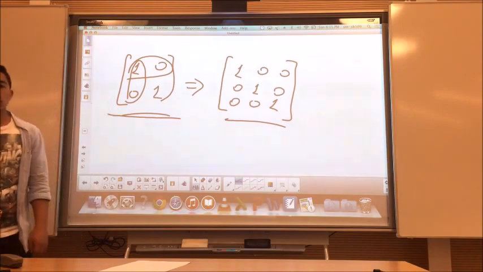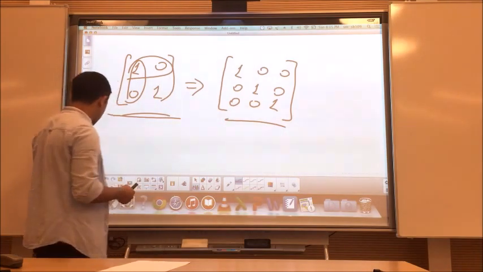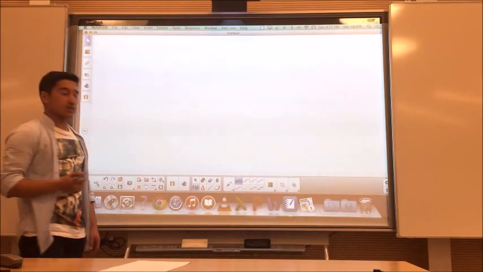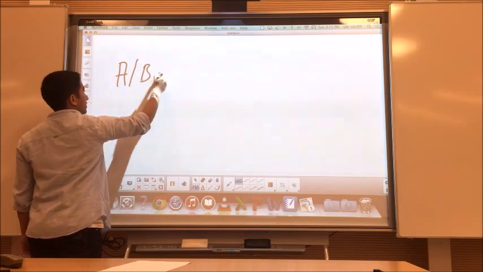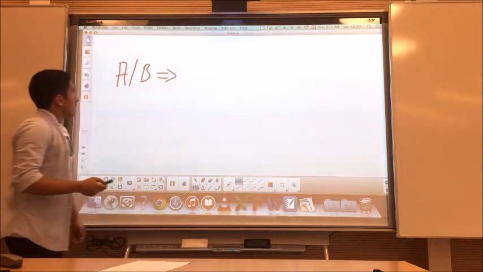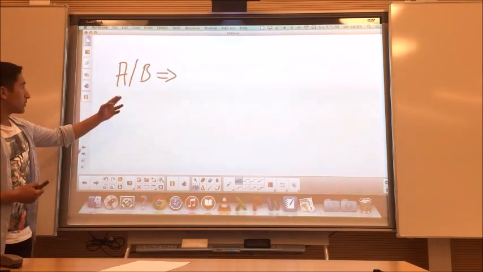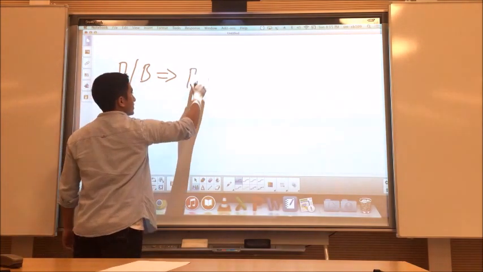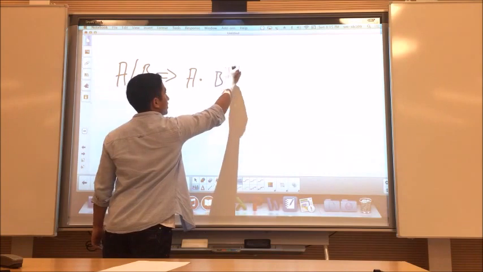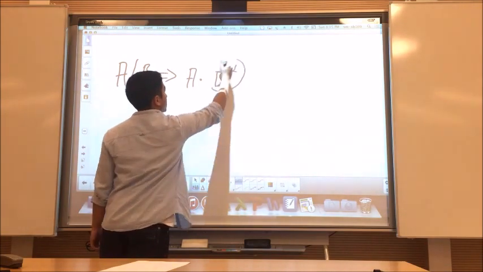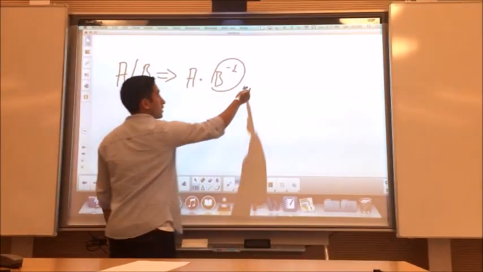And what about dividing matrices? Let's see. So for dividing two matrices, for example, A and B, we will do it in this way. A multiplied by B to the power of minus 1.